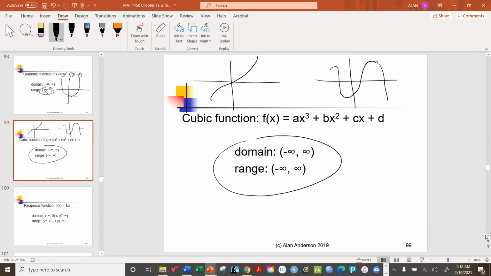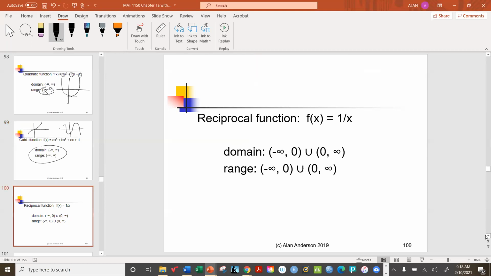Now, what about the inverse? Now, this one we've already discussed at great length. This is the one that looks like this. We have two asymptotes. You remember this one.